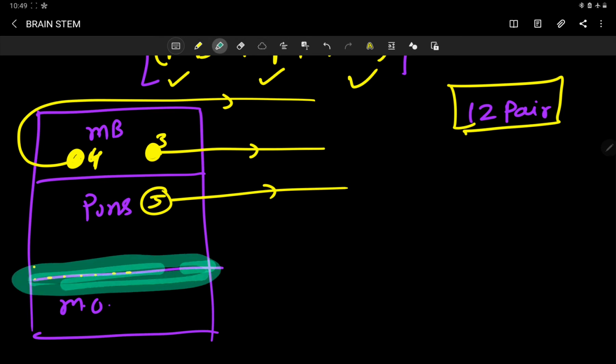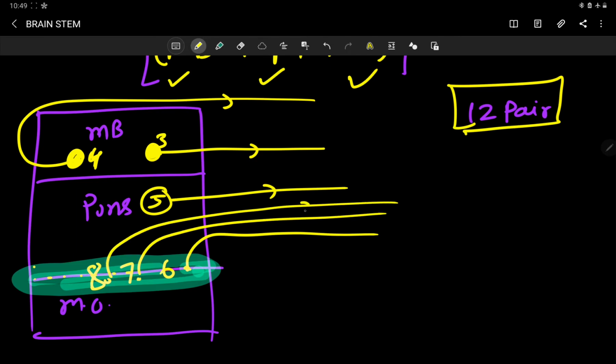You can see at the pontomedullary junction region, 6, 7, 8. These three cranial nerve nuclei are present, and from the pontomedullary junction, the 6th, 7th, and 8th cranial nerves emerge out.